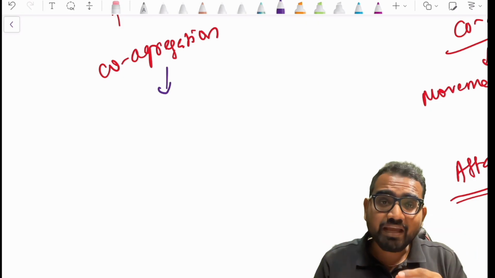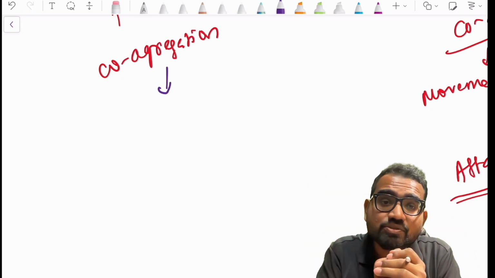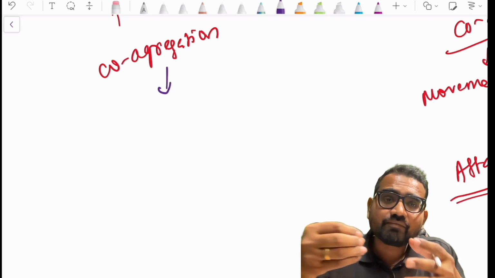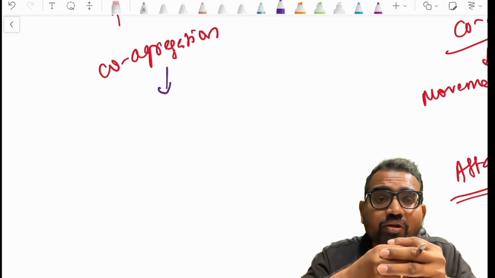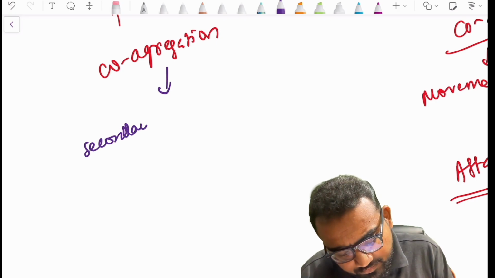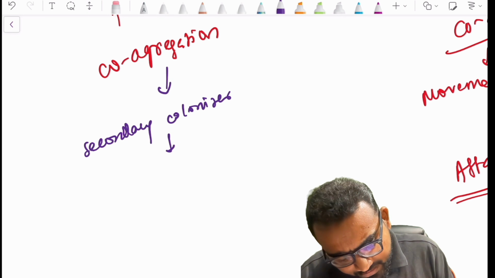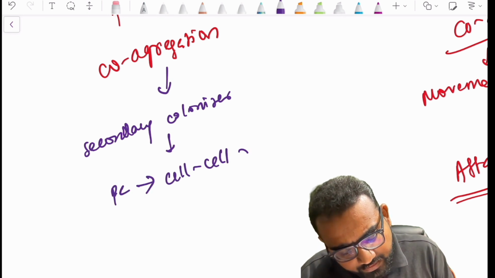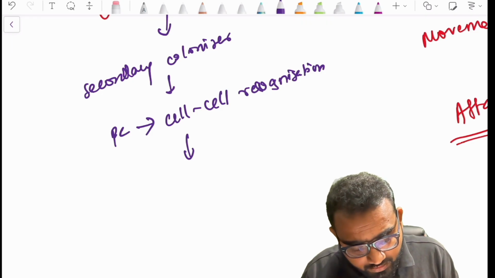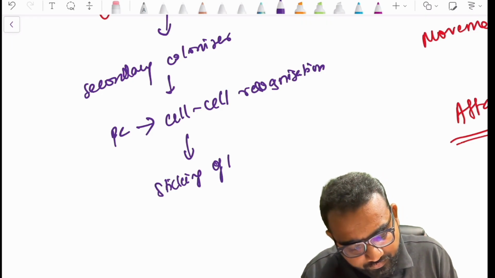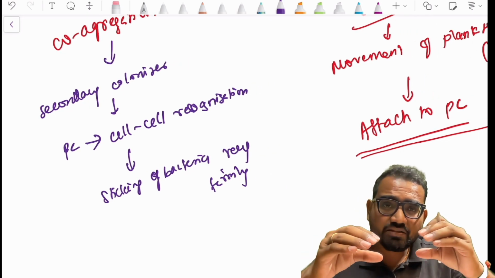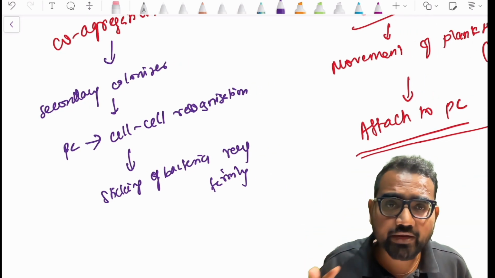Sometimes gram-negative secondary colonizers will hold hands with the primary colonizers, as I told you, with the help of a specific receptor-adhesin complex. The secondary colonizers, after sitting over the primary colonizers, start to hold hands with them through cell-to-cell recognition, and that results in the bacteria sticking very firmly. So the secondary colonizers float and attach to the primary colonizers, which is co-adhesion.